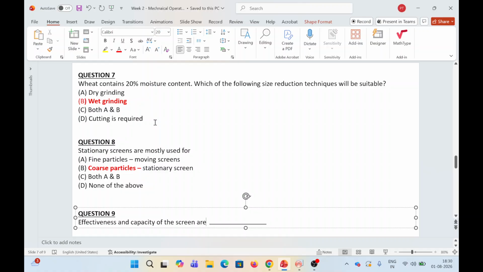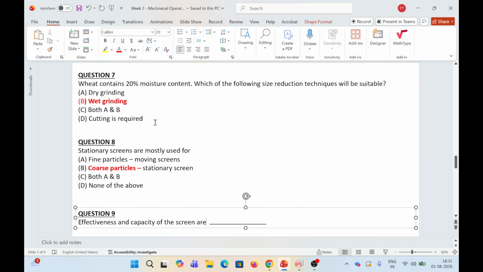And why, if you ask? Because initially when the capacity of the screen is low, many particles get a chance to pass through the openings in the screen. But as you keep increasing the flow rate, the capacity of the material on the feed increases, and there are chances that these particles may stick to each other.